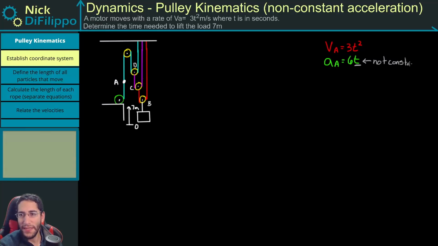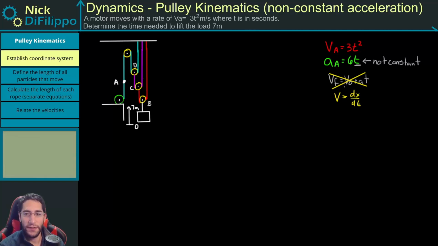And that means the kinematic equations of motion, such as the final velocity is equal to my initial velocity plus acceleration times time, are not valid and we cannot use them. Instead, we're going to need to use equations like velocity is equal to dx dt, and we're going to have to do an integration or multiple integrations.